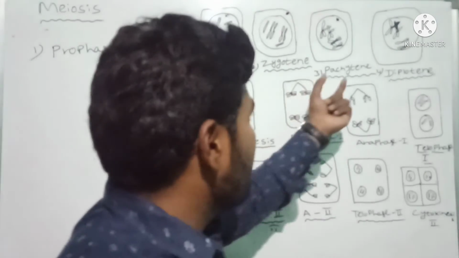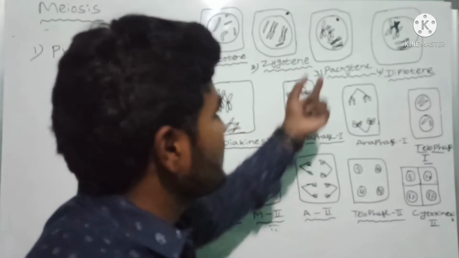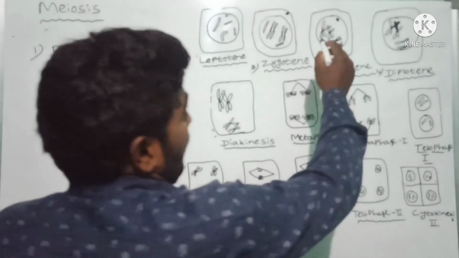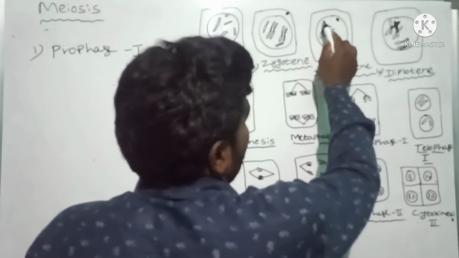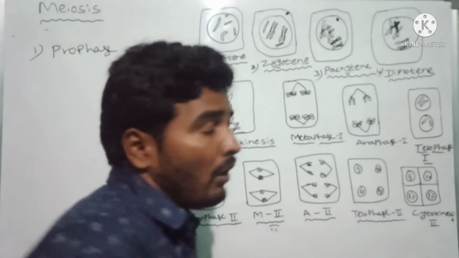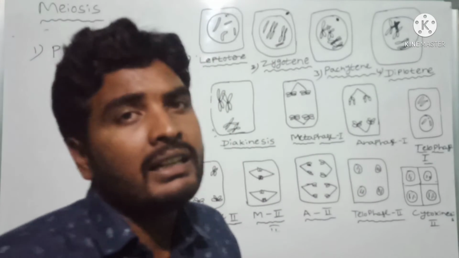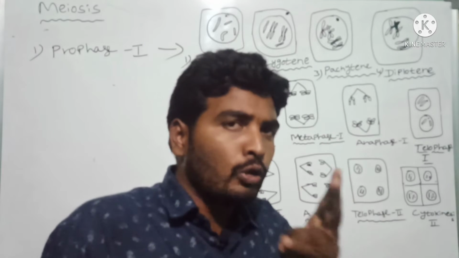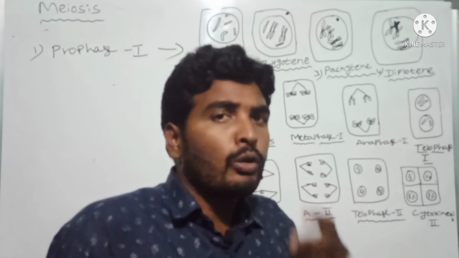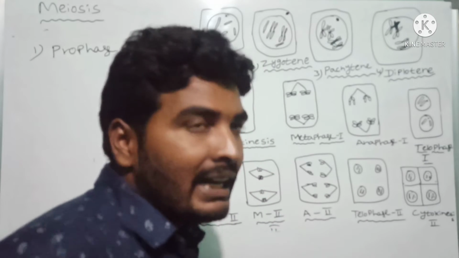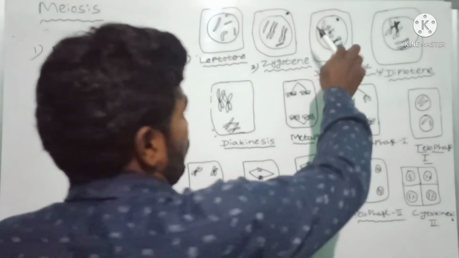Now next stage, pachytene. Look at this pachytene diagram. Bivalent appears as tetrads. What is the meaning of bivalent here? Bivalent means 2 chromosomes.